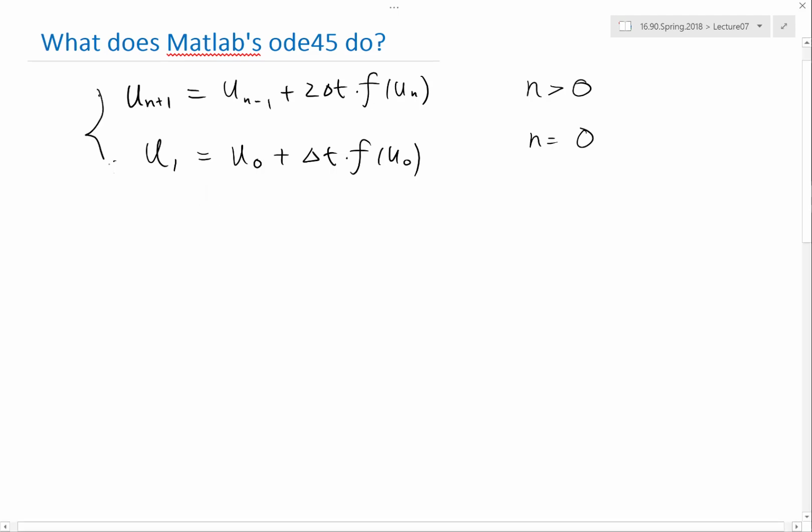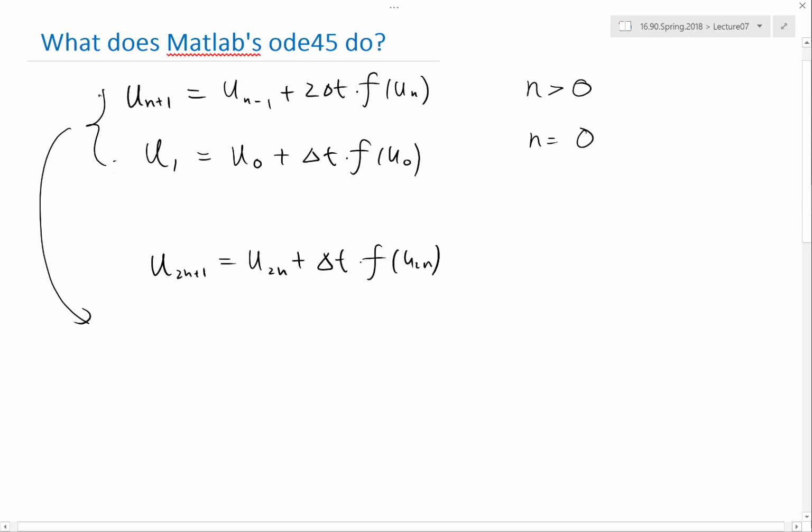So let's, for example, analyze in this case. If we turn this into an alternating scheme, and we say, okay, so for every odd time step, u of 2n plus 1 is equal to u of 2n plus delta t times f of u_2n.